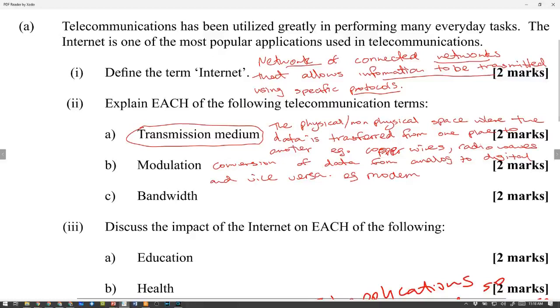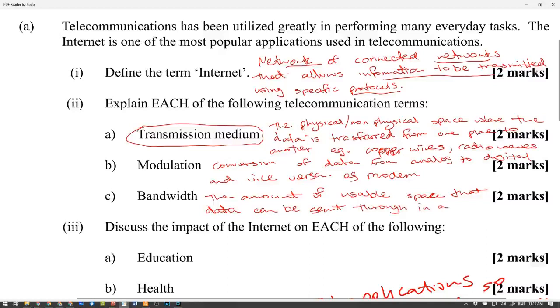Then there's bandwidth, which is the amount of usable space, is the only word I can think of right now, space that data can be sent through in a transmission medium.